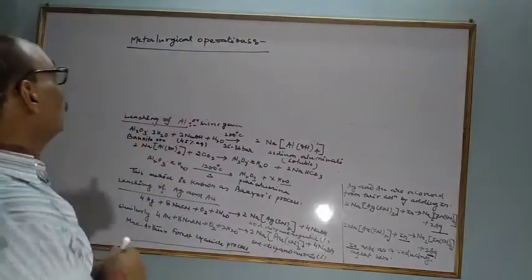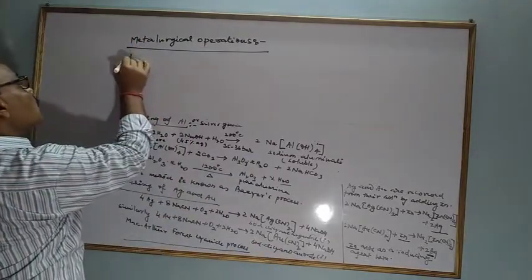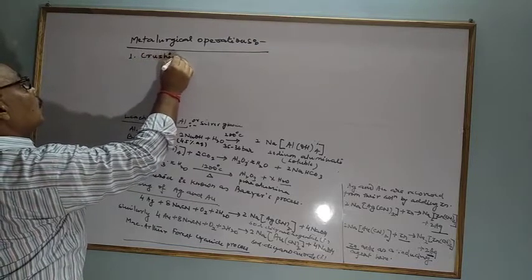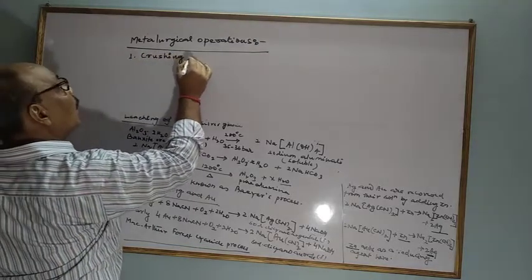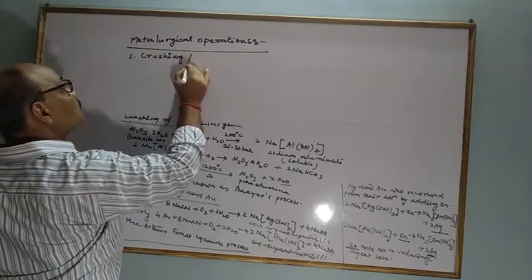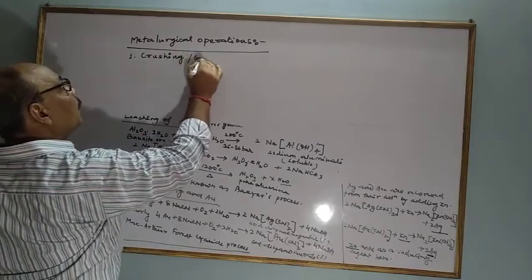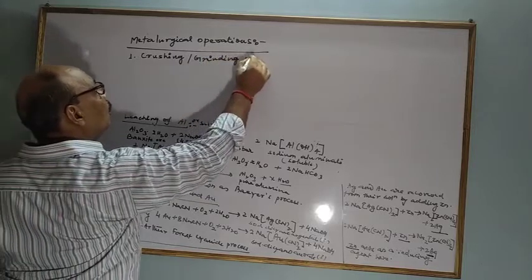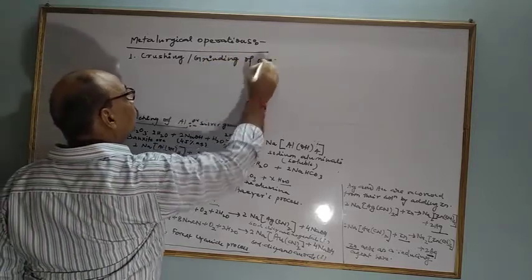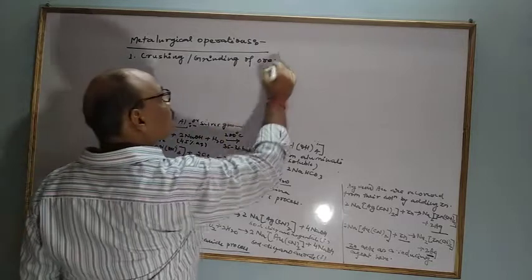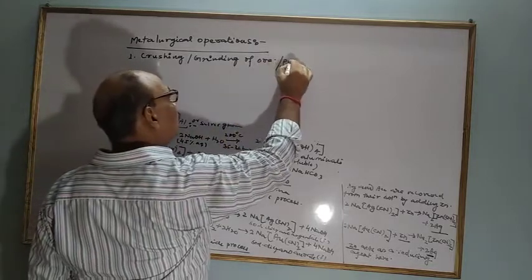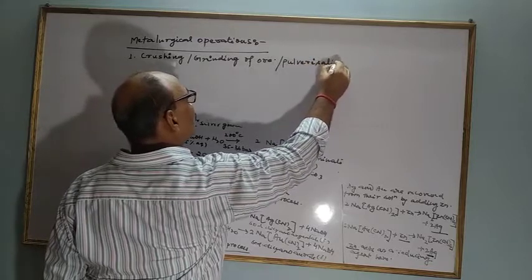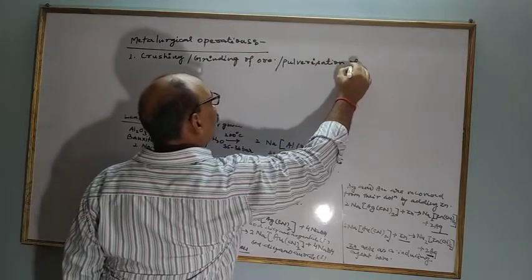And what are those? First one is crushing slash grinding of ore slash pulverization of ore.